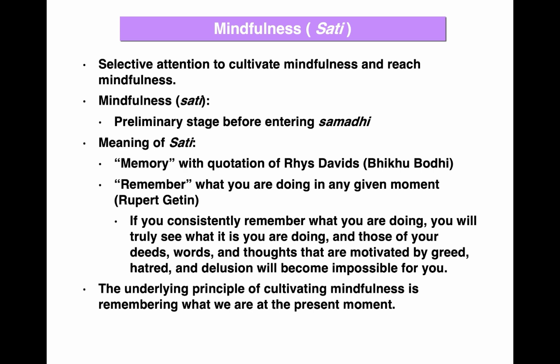Then your mental state is transformed, and you are able to retrieve some information which you had long ago in your past. When the practitioner reaches that state, that is the preliminary stage of reaching samadhi.